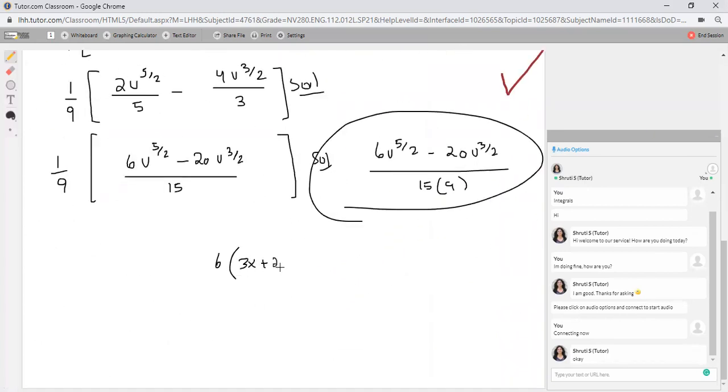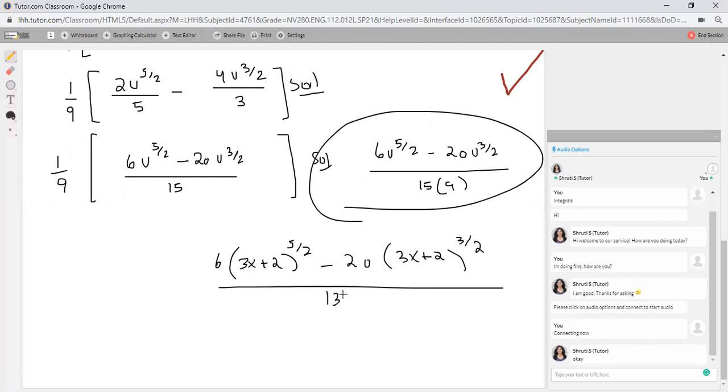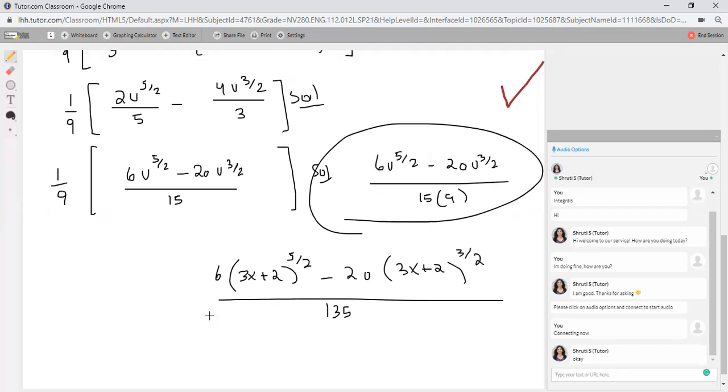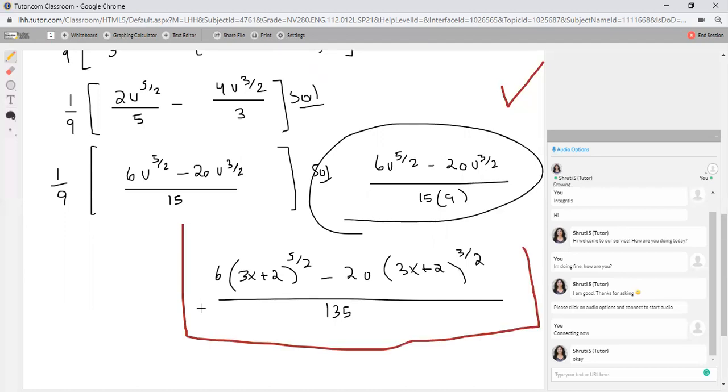Should we factor 3x plus 2? Yes, we will write 3x plus 2. Yeah, great. Okay, is that it? Yes, awesome. That's right.